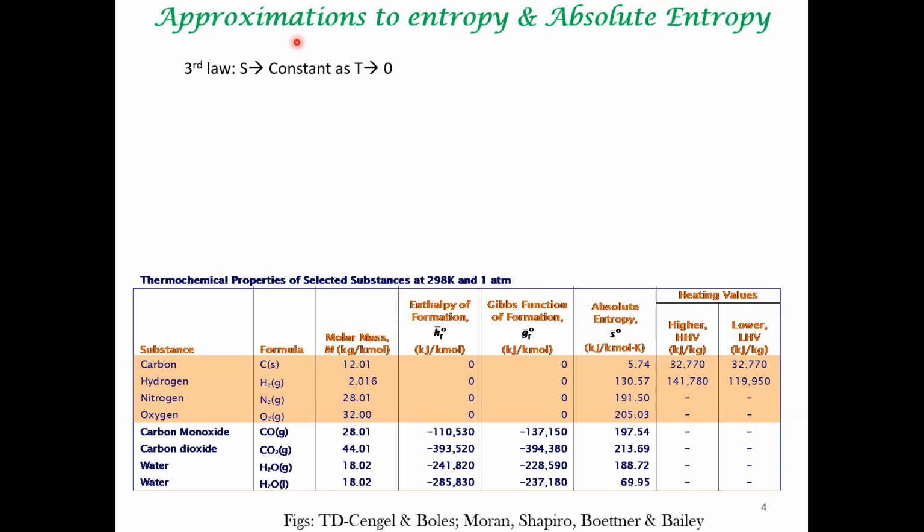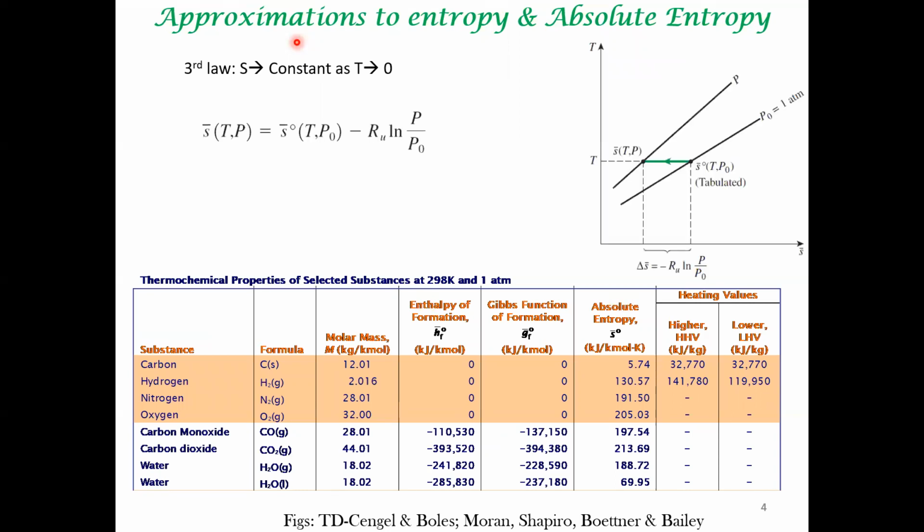And how do you approximate entropy changes? Whenever you have a vapor in a chemically reacting system, and the most important chemically reacting system in engineering thermodynamics is combustion, you have things in the vapor phase.